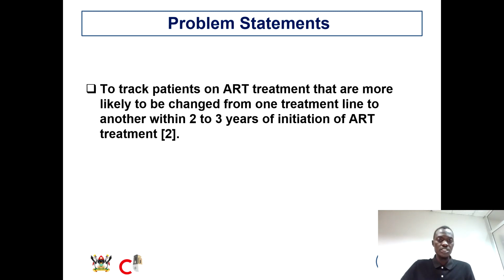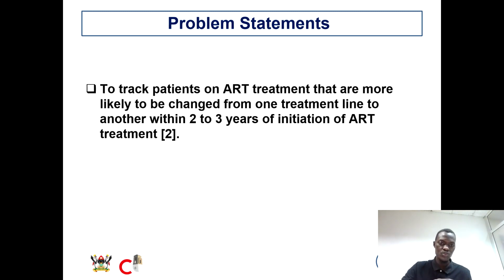What we need to do today is track the patients on treatment that are more likely to change from one treatment line, let's say the first treatment line, to another treatment line. Who are those patients?